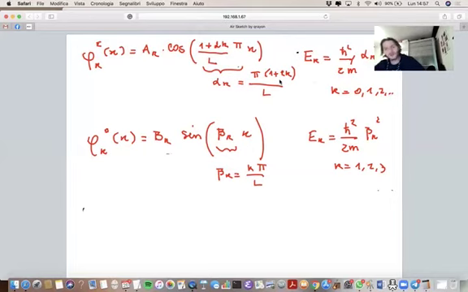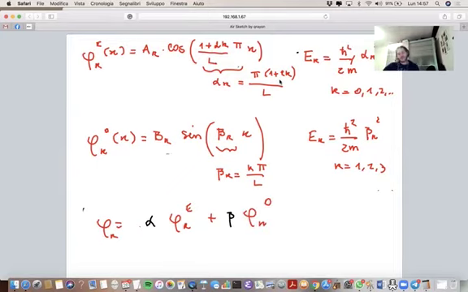We also looked at the possibility of having a solution in the form of a linear combination of these two, so a linear combination of type alpha even plus beta odd. But we discovered that this can never happen.